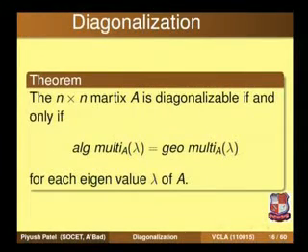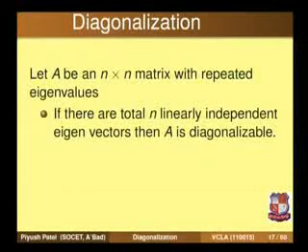This is the second result: the matrix A is diagonalizable if and only if the algebraic multiplicity of each eigenvalue is the same as the geometric multiplicity.